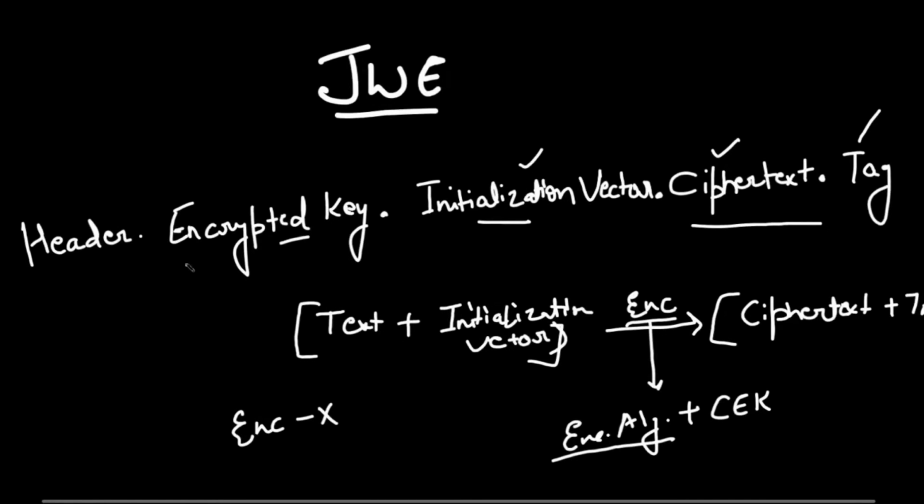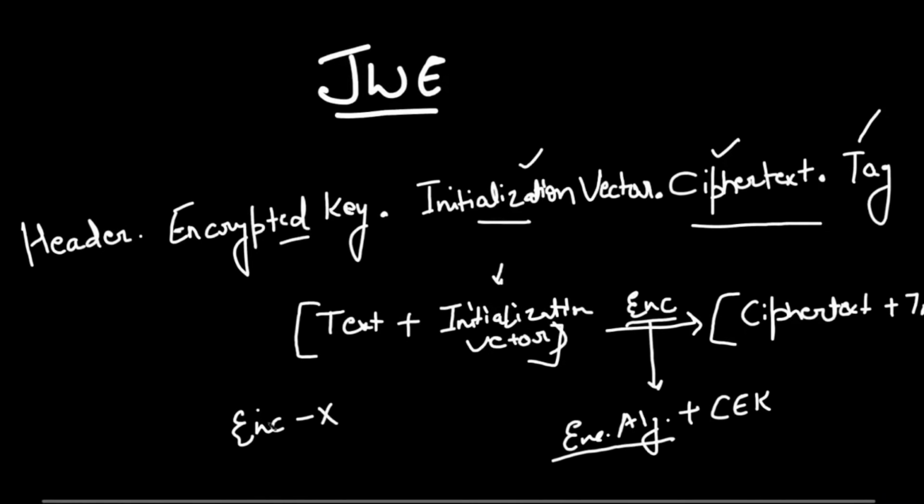Now we know what all these are, but we are not going to send it in this manner, right? So as we found, the ciphertext is the encrypted text that we have just created here. The tag is the output of that encryption. This initialization vector is again this one, and the encrypted key.